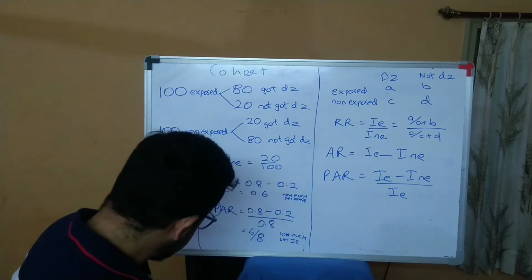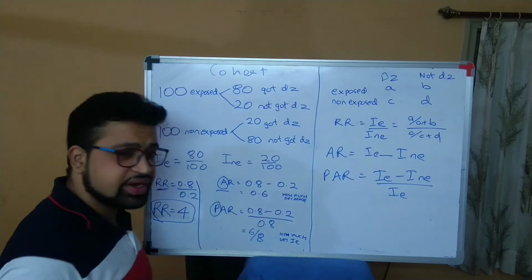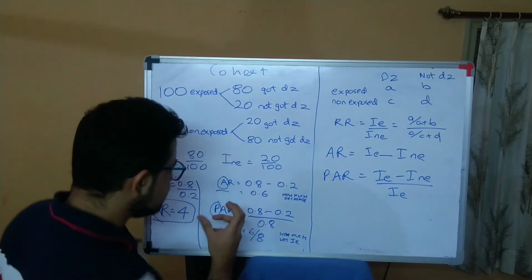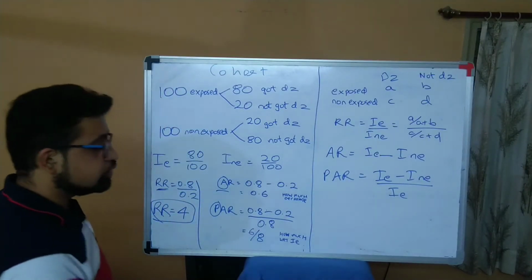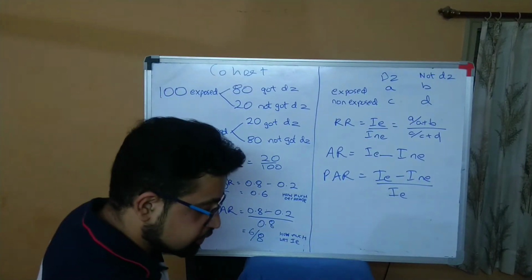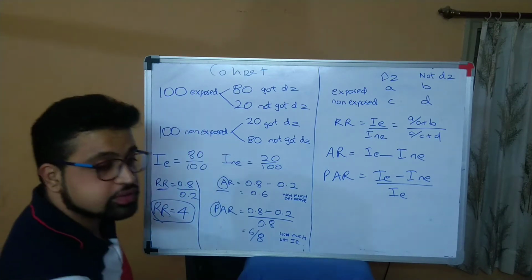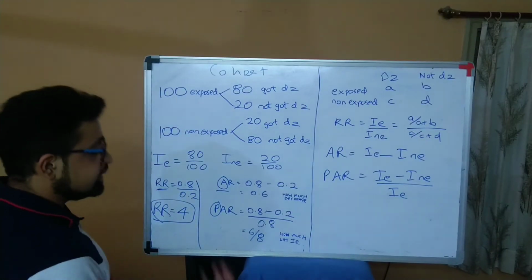Now comes attributable risk. What does attributable risk mean? Focus on the word attributable. How much would you attribute the risk factor in the causation of disease? The name says everything.